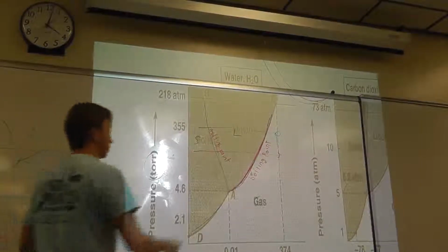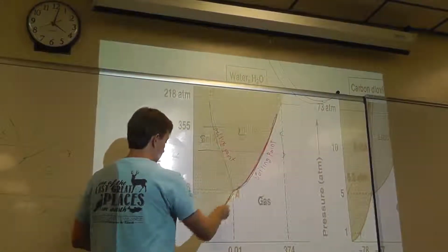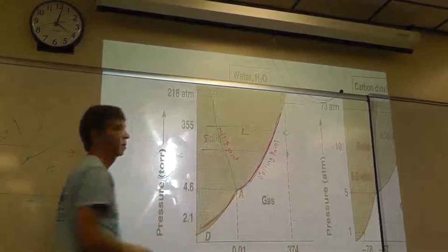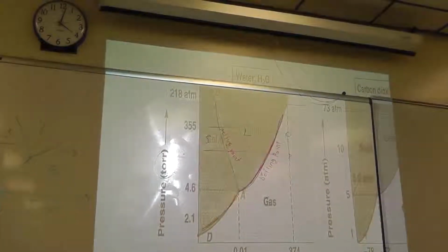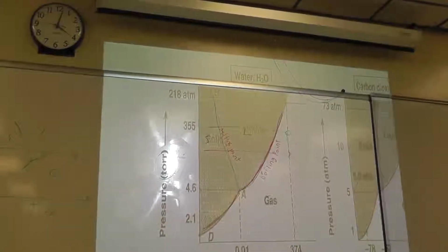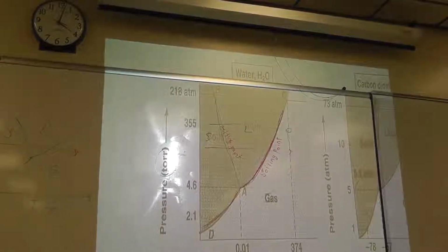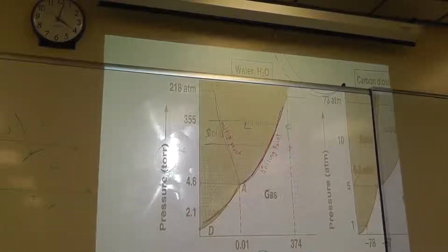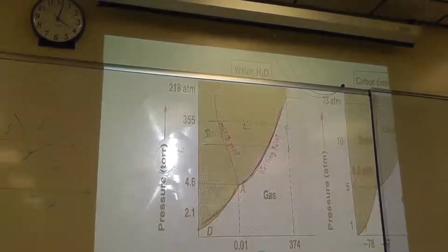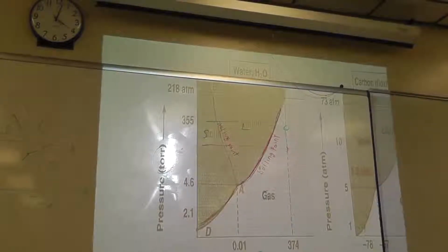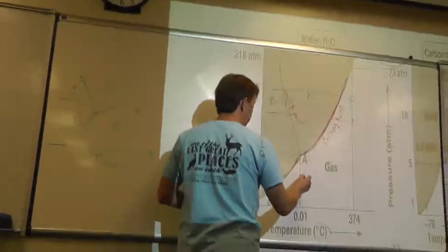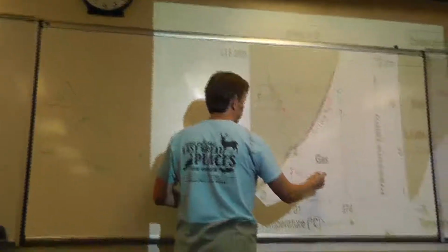And that leaves us with a third boundary that we haven't talked about before. And that's the boundary between solid and gas. Directly between solid and gas without melting. Converting solid to gas without melting is called sublimation.